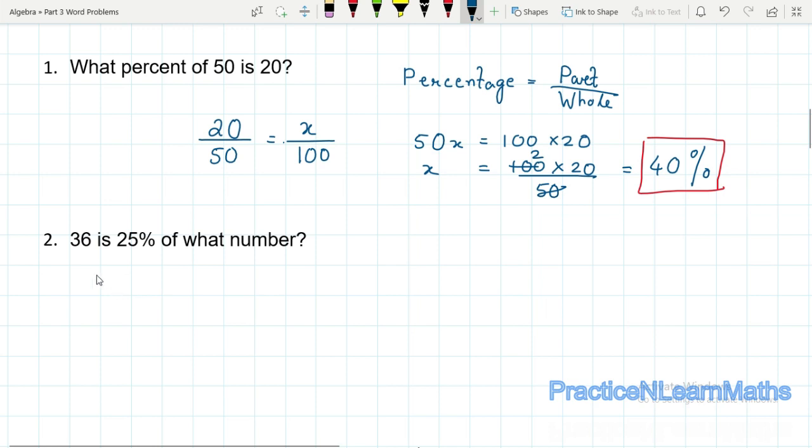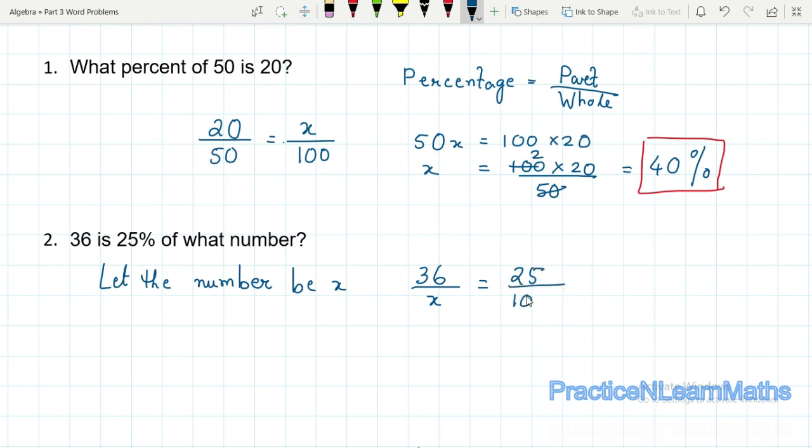Question number 2. 36 is 25% of what number? So let the number be x. Again, if we take part over whole, we see 36 is the part number, the whole number is x, and it's 25%, so 25 over 100.